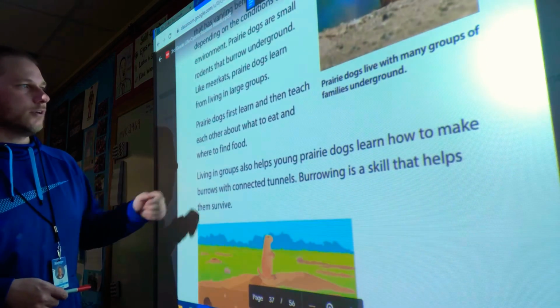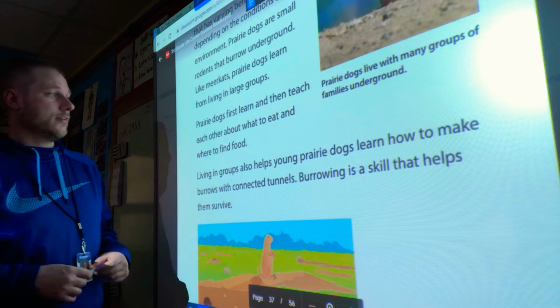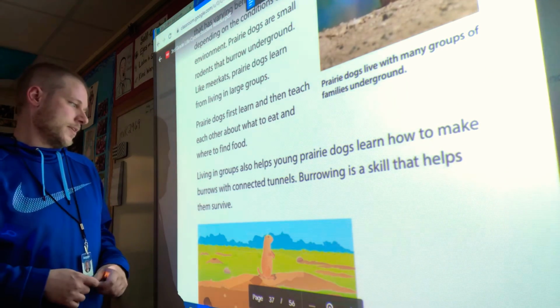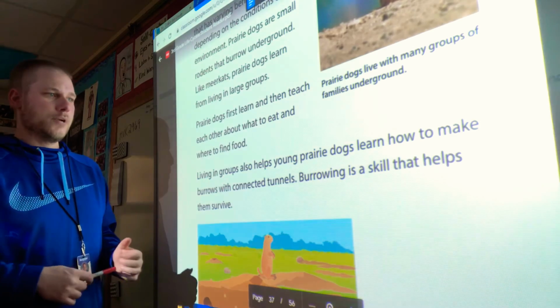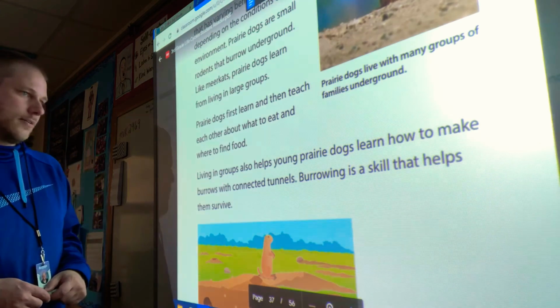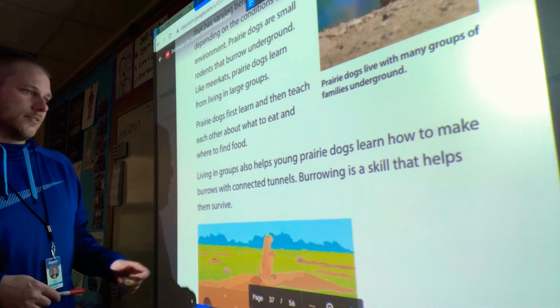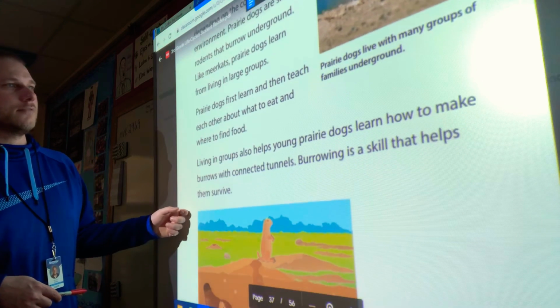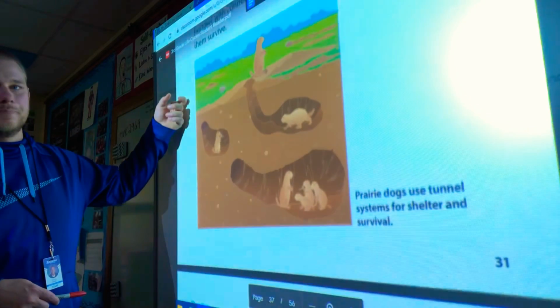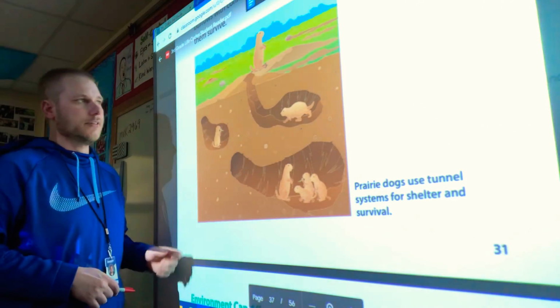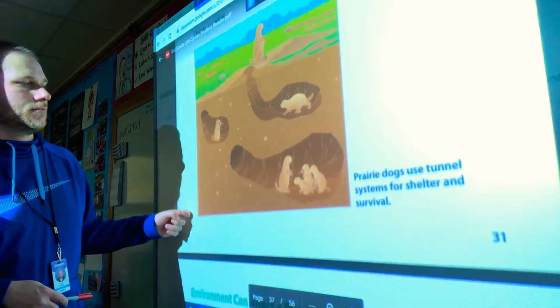Prairie dogs first learn and then teach others about what to eat and where to find food. Living in groups also helps young prairie dogs learn how to make burrows with connected tunnels. Burrowing is a skill that helps them survive. Prairie dogs use tunnel systems for shelter and survival.